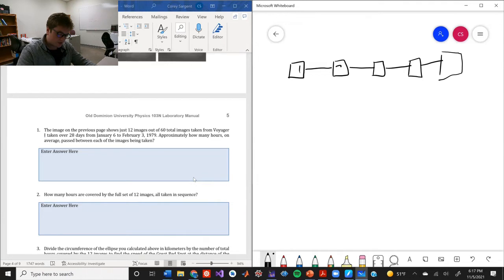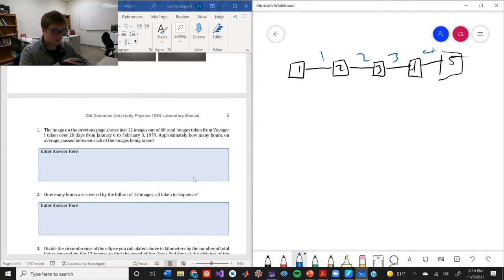This is 1, 2, 3, 4, 5 images. We only have 4 time periods. 1, 2, 3, 4, not 5. So if we knew the time period between each one of these pictures, the total time it takes for the 5 images is actually 4 of these time periods, not 5.